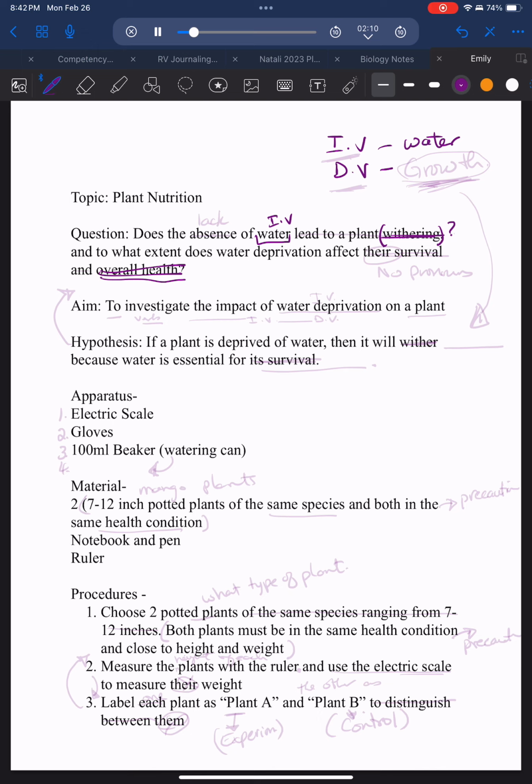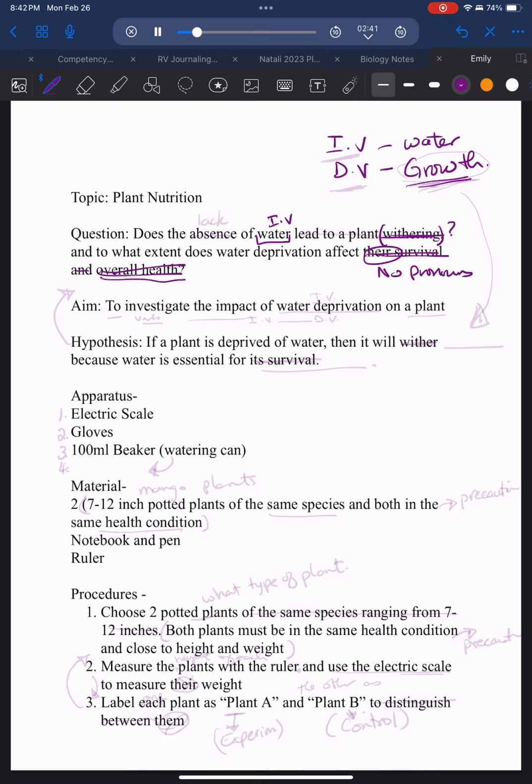Change withering, change survival, and please do not use pronouns. And go with the dependent variable that you can measure. For example, growth. Please don't feel like you have to use growth. I'm just suggesting that you use growth, but you can change it to any dependent variable that you can measure, okay, using a measuring tool. I was stressing on that from the beginning.